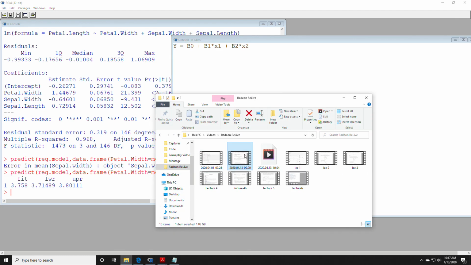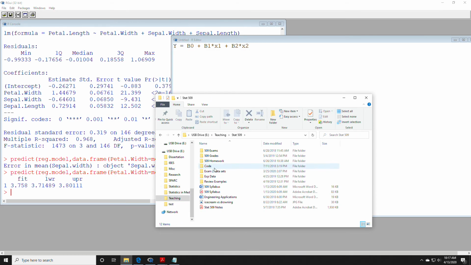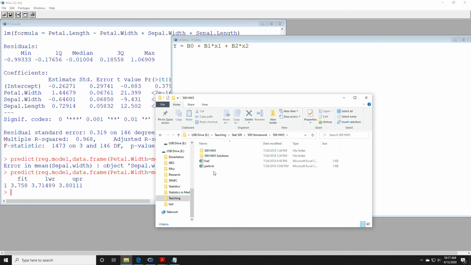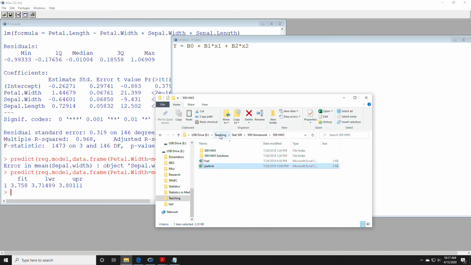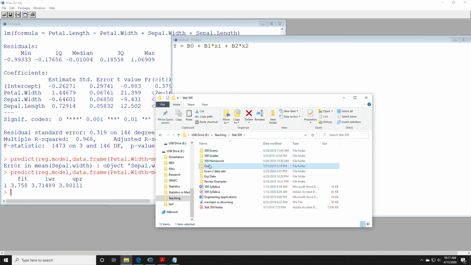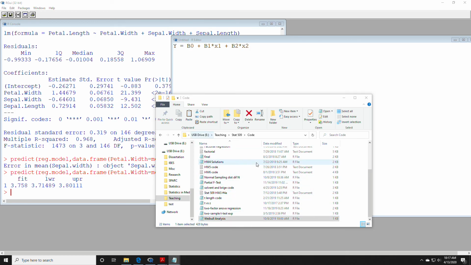Okay, so let's see if we can find the particle data. Okay, particle data. Put it on my desktop. Again, it is on Blackboard. Get my Weibull analysis code.